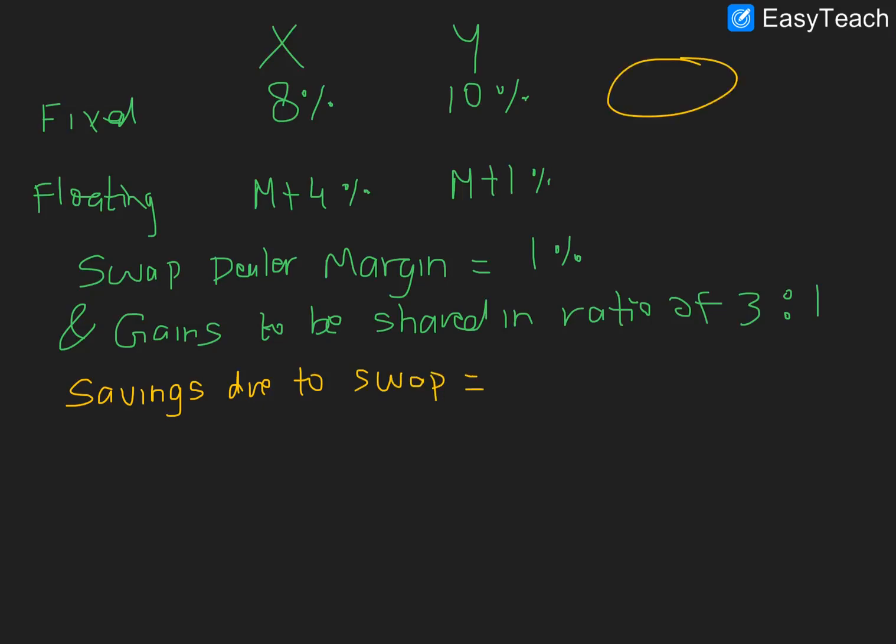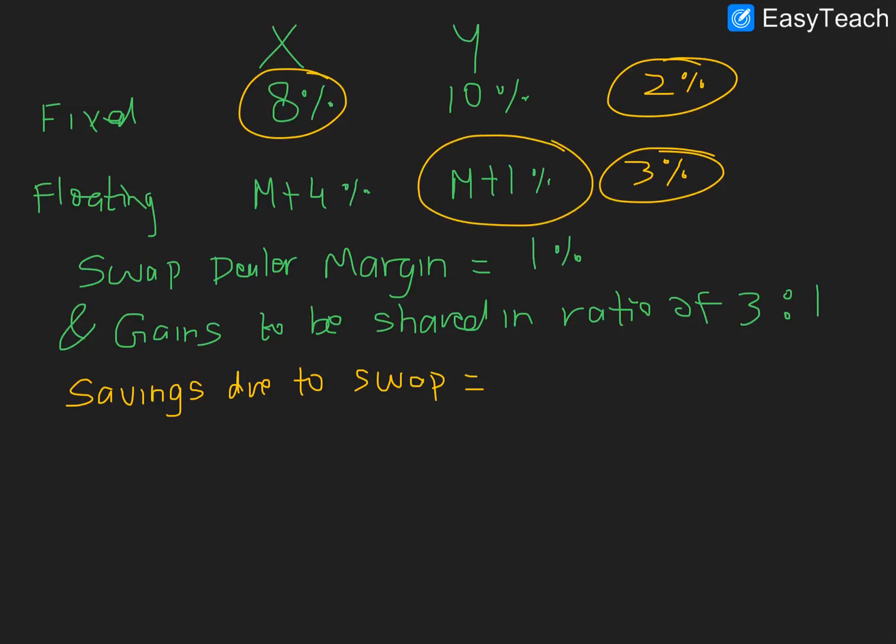So you'll simply say that this is 2% savings and this is 3% savings, because here the difference, or I can say X is having an advantageous position of 8%, so 2% gain. Y is having an advantageous position of 3%, because X takes it as M plus 4%, Y can borrow it at M plus 1%, so there's a gain of 3%.